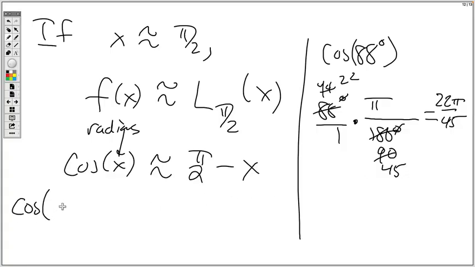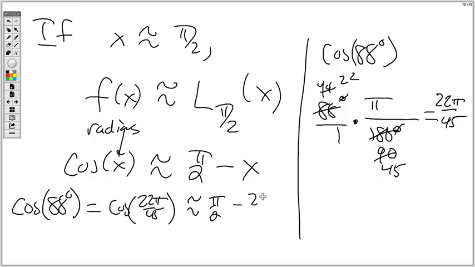So the cosine of 88 degrees, which is the cosine of 22 pi over 45 radians, is approximately pi over 2 minus 22 pi over 45. And if we want to get a common denominator here, it would be what? 90?